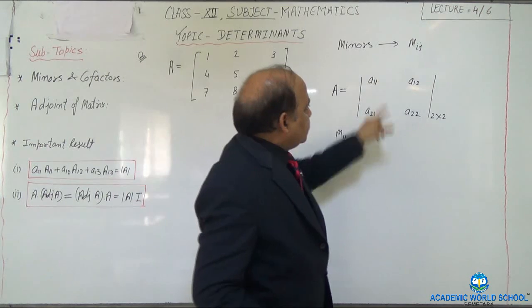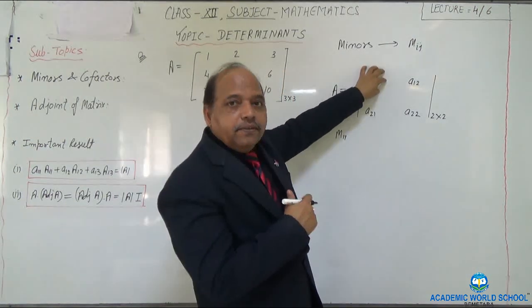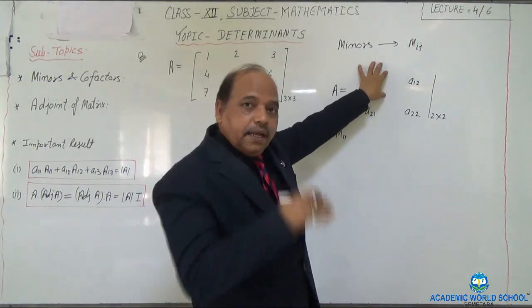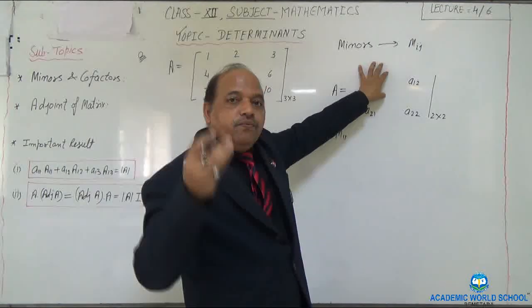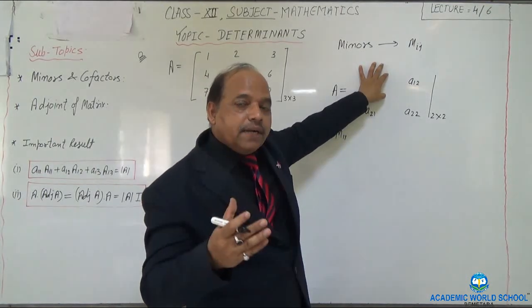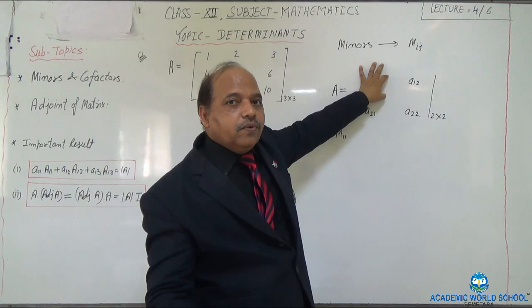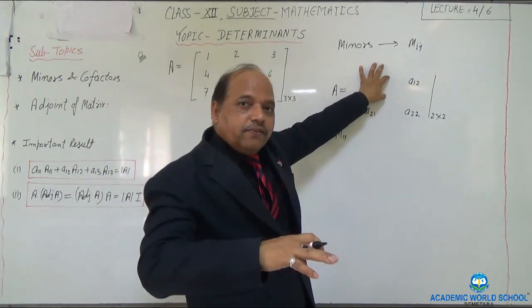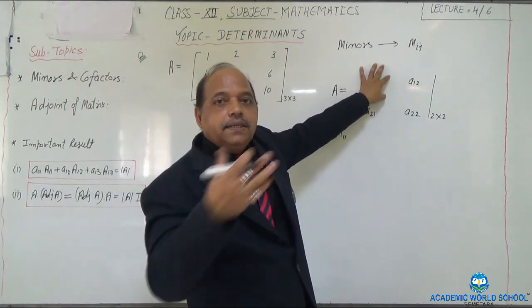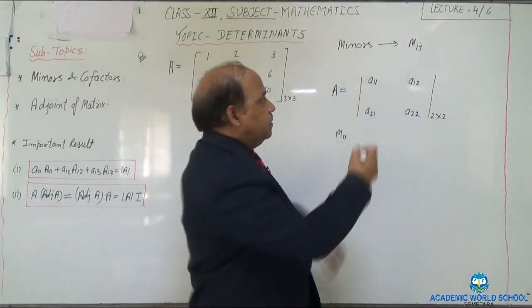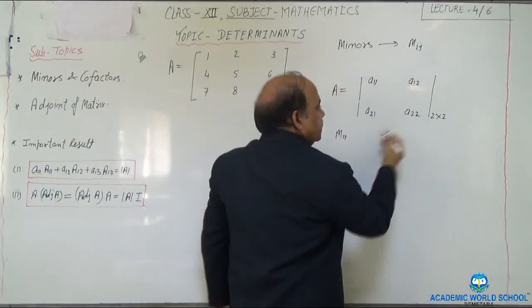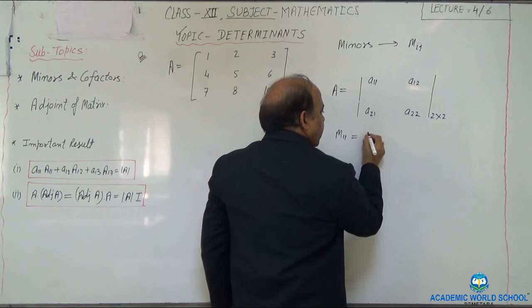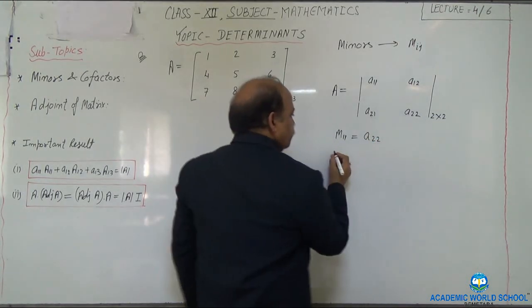First row, first column, minor of that element. How to get that? Leave that row and column in which that element belongs. After that, whatever determinant is left out, find the value of that. It represents the minor of that element. So leave this part, only this part is left. So I can write A22.